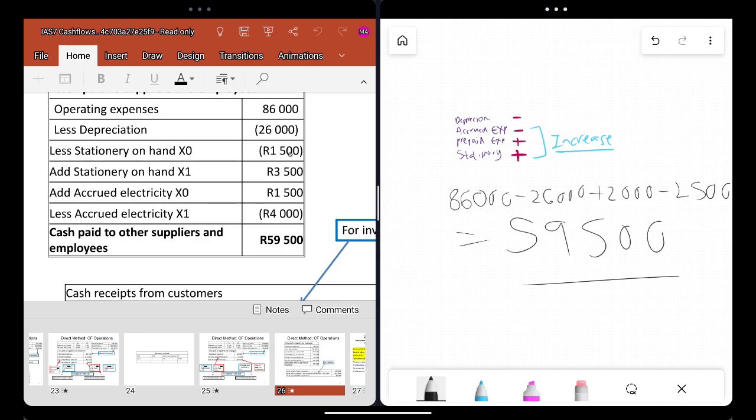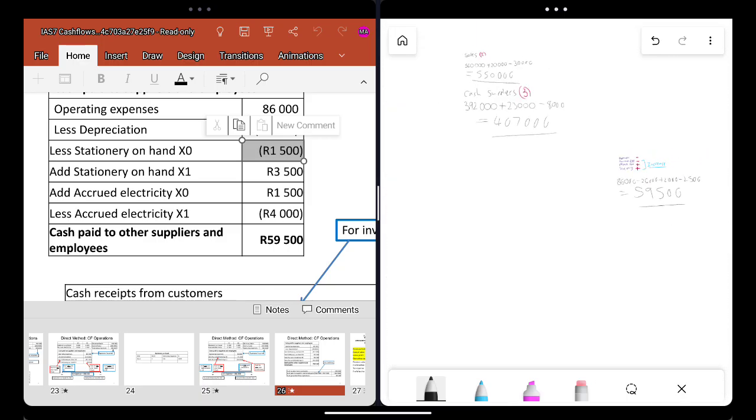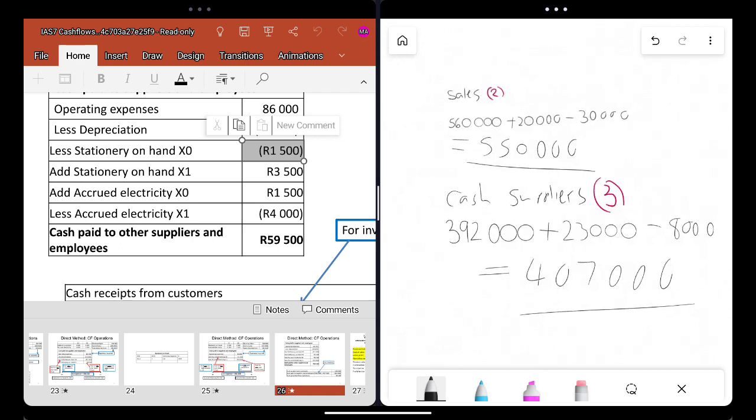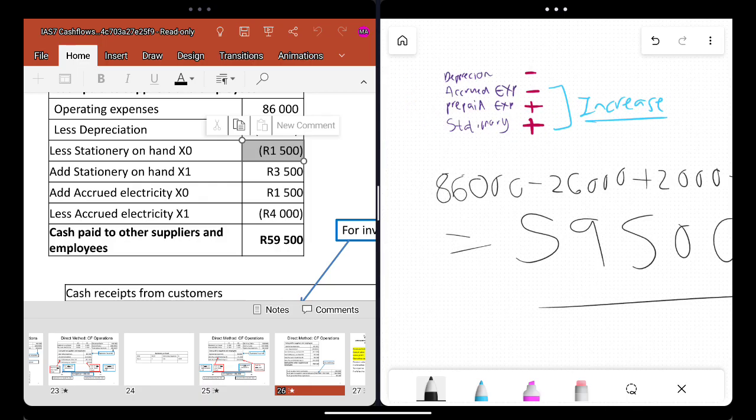But instead of doing opening, closing, all that, remembering what to plus or minus, you just work out the difference and use my formulas. This and this is 2,000, so it's the same thing. So that's how you do cash paid to employees. I already told you all this, how to know what components to deal with, and just knowing this, you're sorted for the direct method.